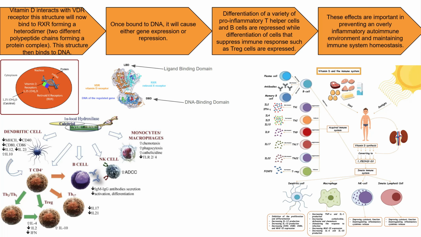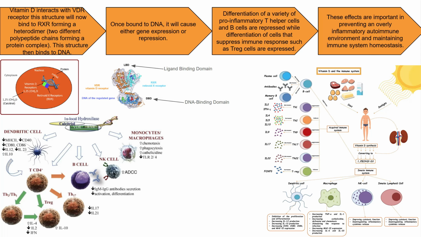Vitamin D, again, interacts with the VDR receptor. The structure will now bind to RXR. If you remember the retinoid X receptor from the vitamin A lecture, this guy actually makes a comeback here. And those two, VDR and RXR, form a heterodimer, which is two different polypeptide chains forming a protein complex.